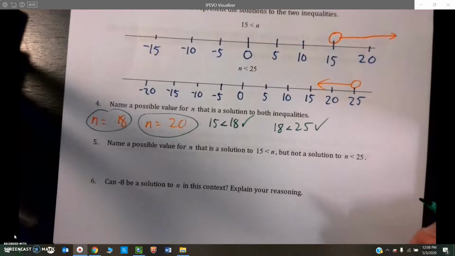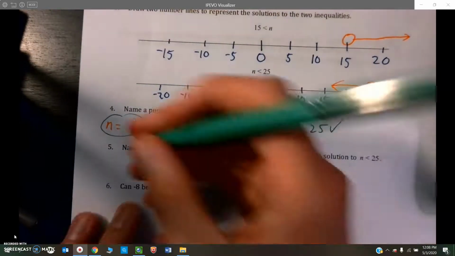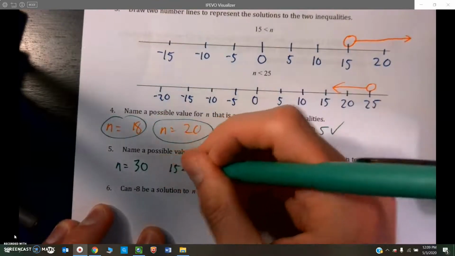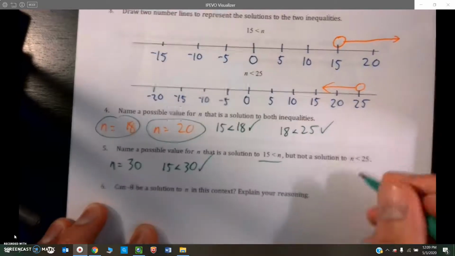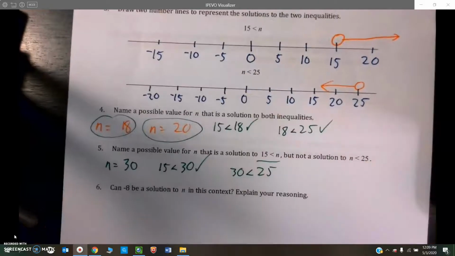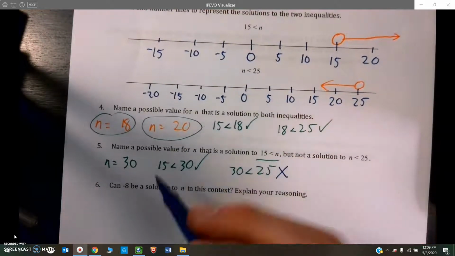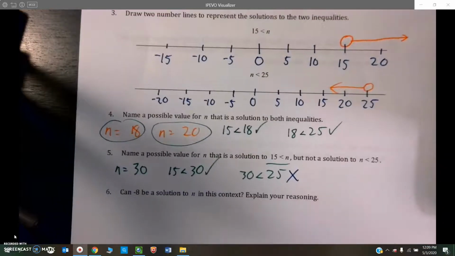No. In the context of the basketball game, though, let's keep it kind of reasonable. Let's say 30. So N equals 30. And once again, 15 is less than 30, so it is a solution for this. But then when we plug it in here, is 30 less than 25? No, it is not. So 30 would be an example of a number that's a solution to this inequality, but not this.